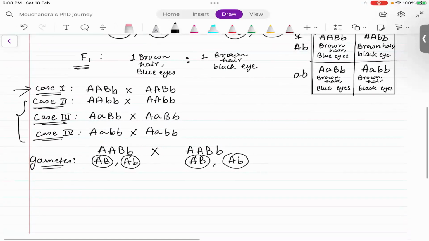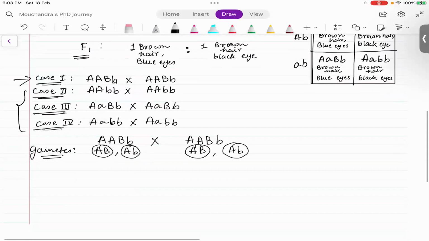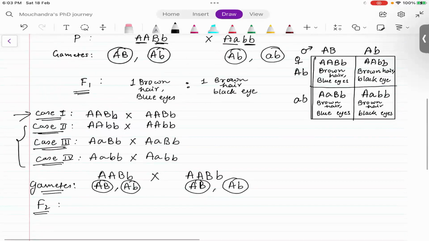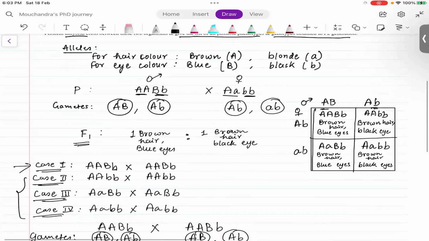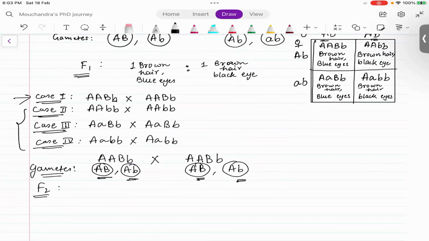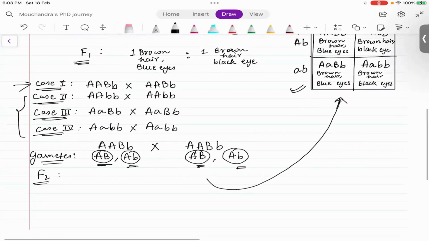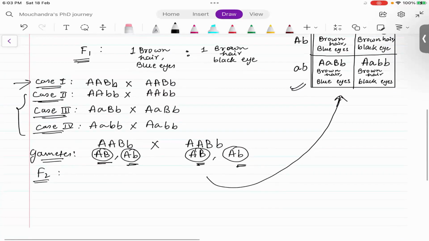But what I see is that for the F2 generation, the gametes produced are exactly the same as those produced for the parent. So for the F2 generation, you will again get the same result. Similarly, for case 2, case 3 and case 4, you have to do it yourself.